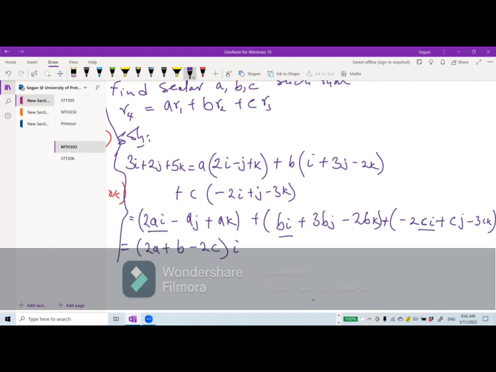Then plus negative a, plus 3b plus c, and then a minus 2b minus 3c. Okay.